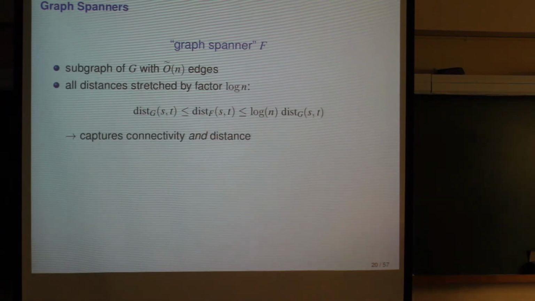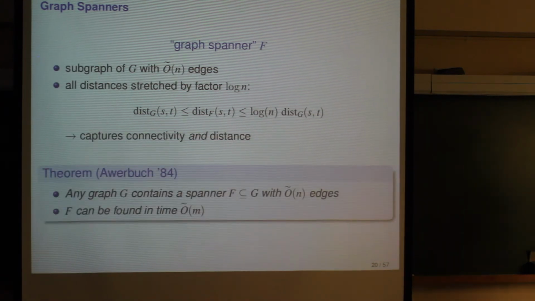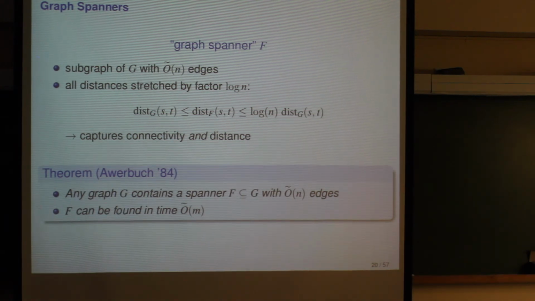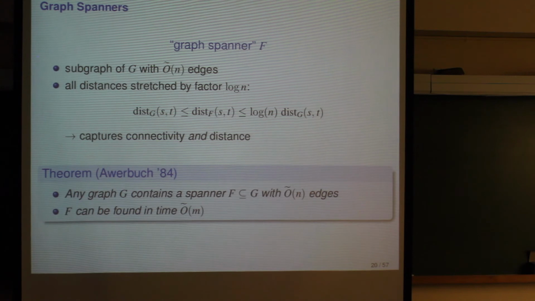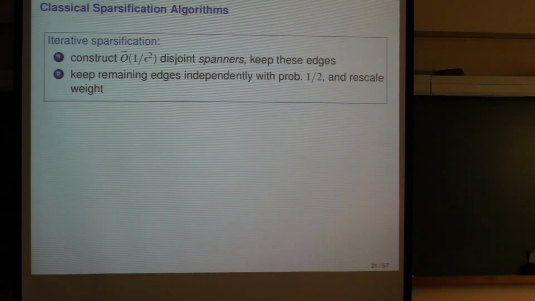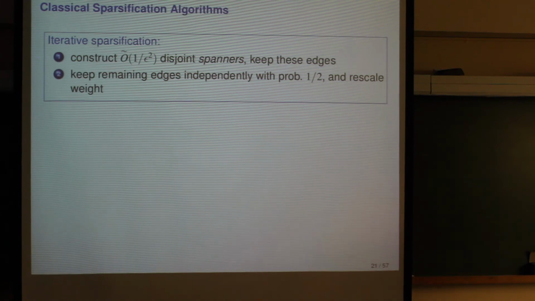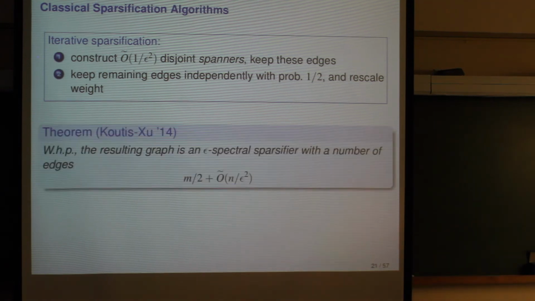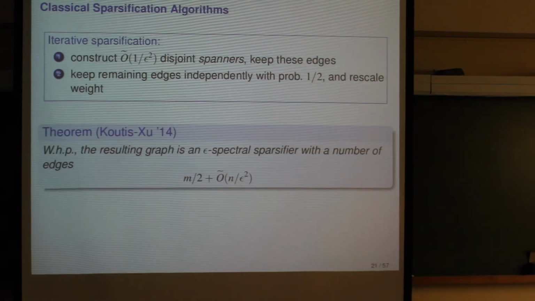So this captures connectivity and distance, and this will turn out to be the right notion. Now, luckily, every graph contains a spanner, so this thing exists, and you can also find it efficiently. And so now we get to the following algorithm, where again we construct a number of disjoint spanners, which will identify the important edges, and we just discard half of the remaining edges.